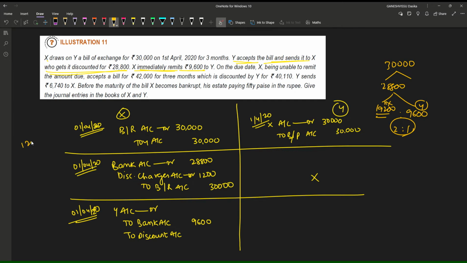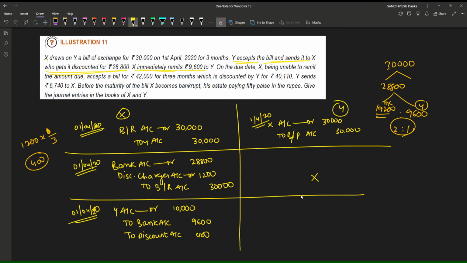So out of this 1,200, we need to send one third portion, 400 rupees, which is the discount to be borne by Y. So 400 we are going to send. That means the total amount sent is 10,000 rupees, which Y directly receives.